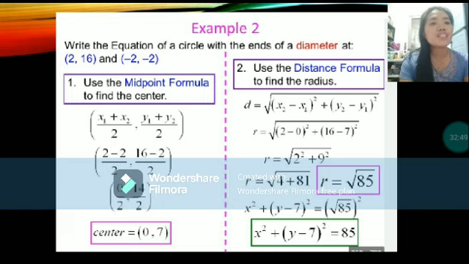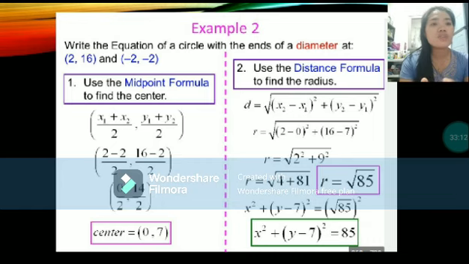So use the distance formula to find the radius. As I told you, the diameter has endpoints (2, 16) and (-2, -2).